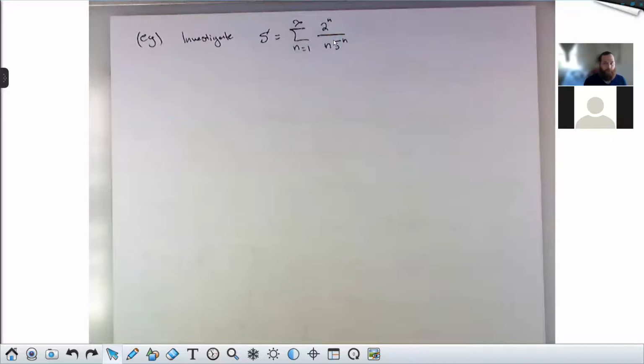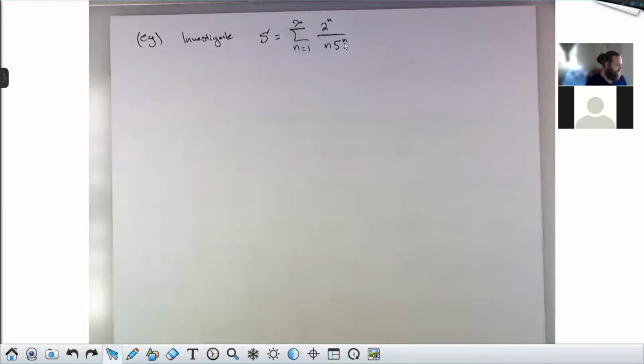Both n and 5 to the n grow as n grows, but 5 to the n grows much, much, much faster. So much faster that this n almost kind of doesn't matter. I mean, it's there, but what we're going to see is that this thing shares its convergence behavior with the geometric series, sigma 2/5 to the n.